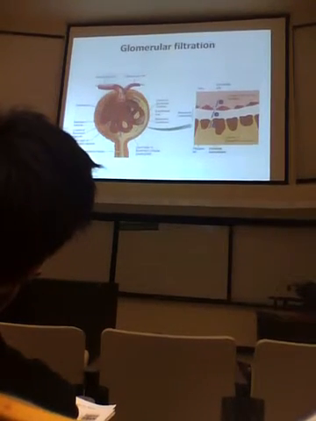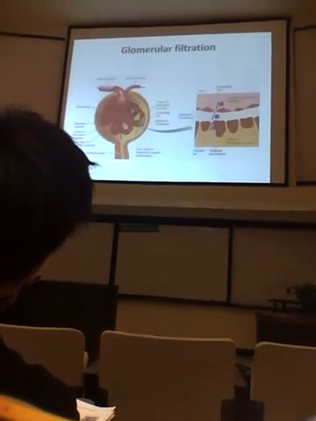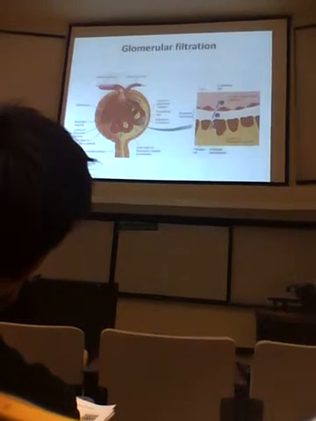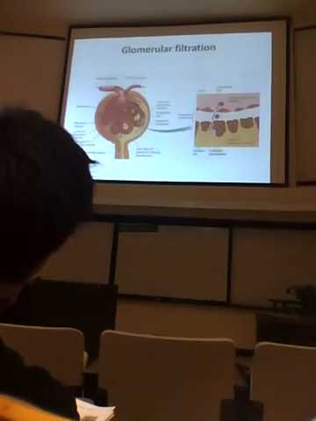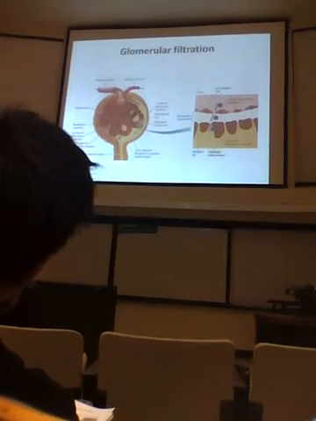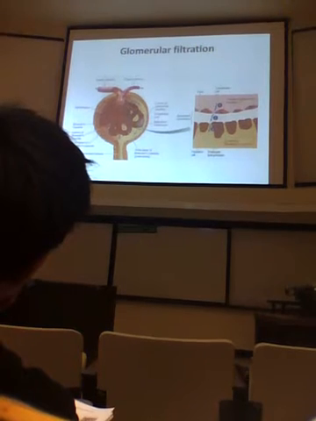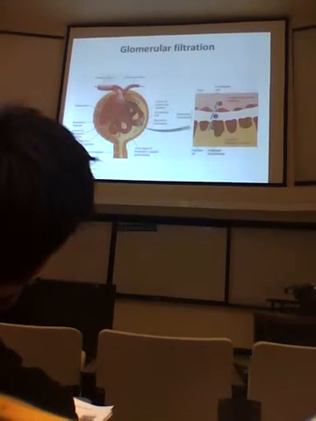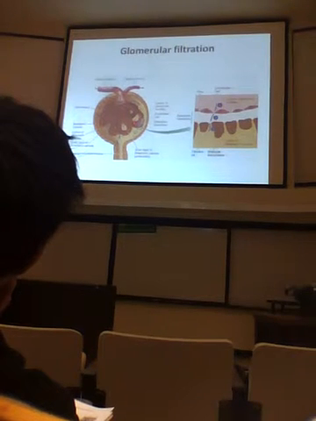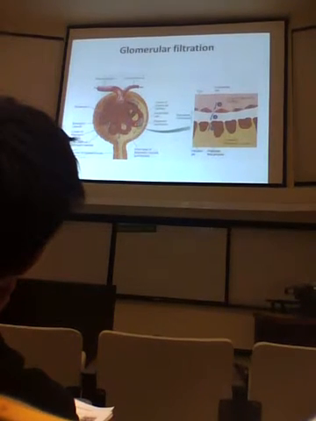Here's Bowman's capsule, leading on to the proximal convoluted tubule. Here's the blood coming in by the afferent arteriole into this knot of capillaries, and then the blood comes out via the efferent arteriole.